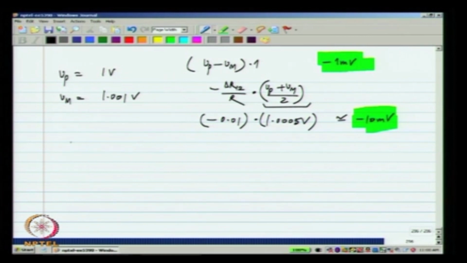What we should rather specify is the standard deviation of the common mode gain, and that is nothing but the standard deviation of delta R12 by R, and that is nothing but sigma R itself, which is the standard deviation of relative mismatch.